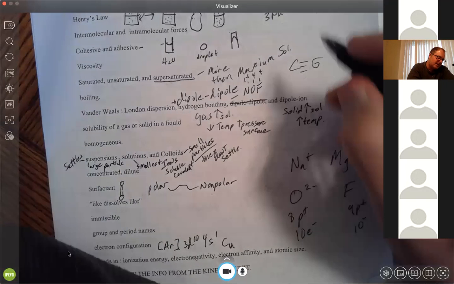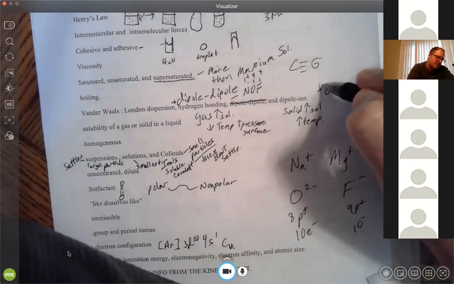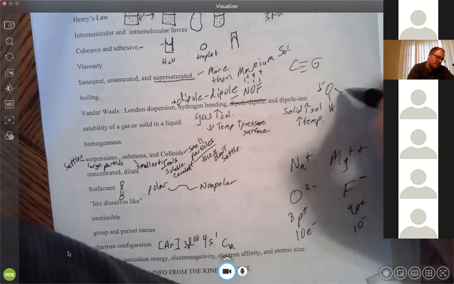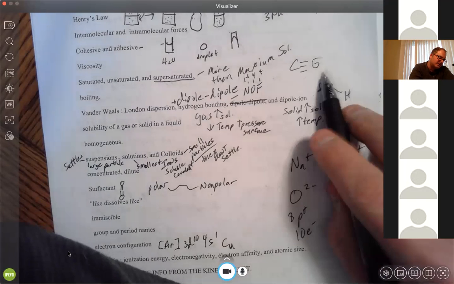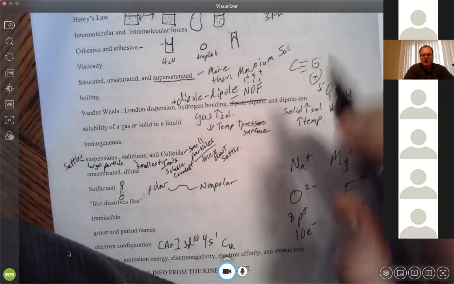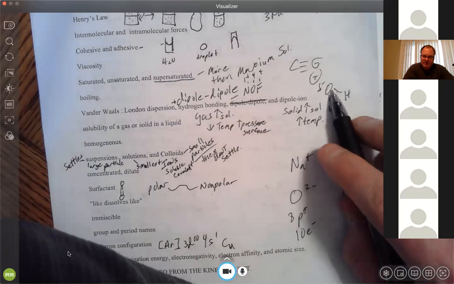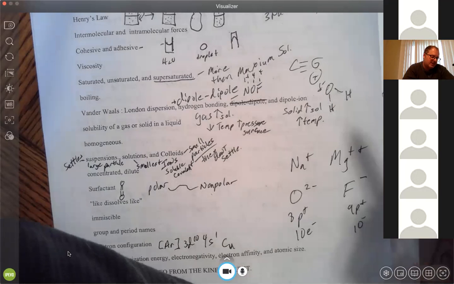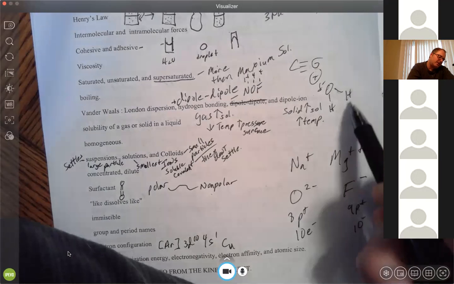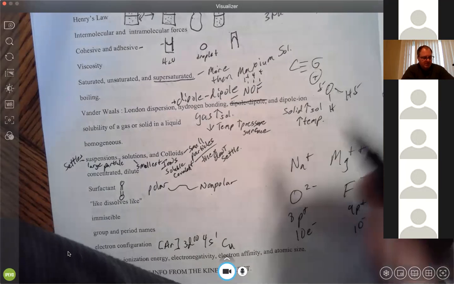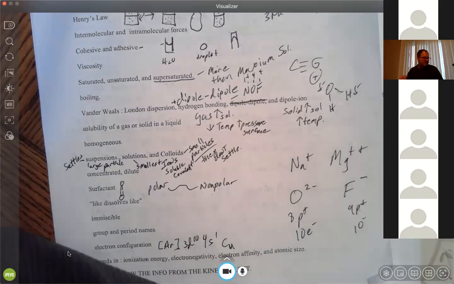Keep in mind that the oxygen is partially negative charged. So if your ion is a positively charged ion, the oxygen head of the water molecule is going to be closest to it. If it is a negative, then the partial positive charge of the hydrogen is going to be surrounding it.